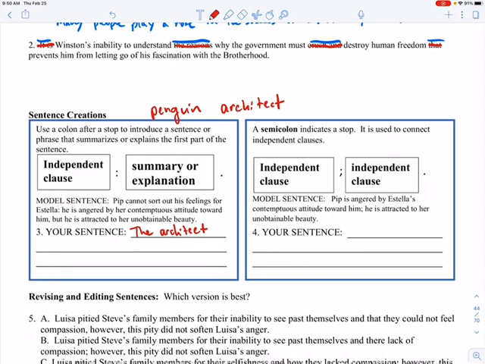The architect struggled to design a habitat for the penguin. Why? What's an explanation for that?